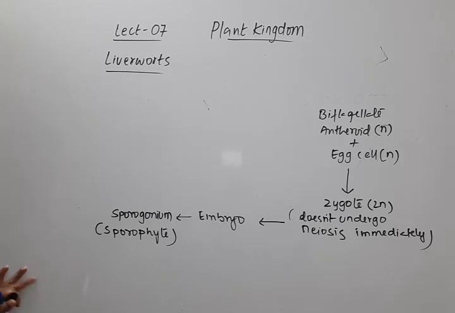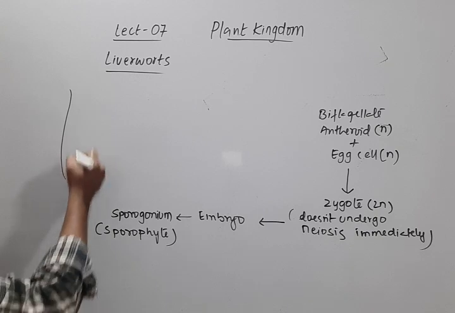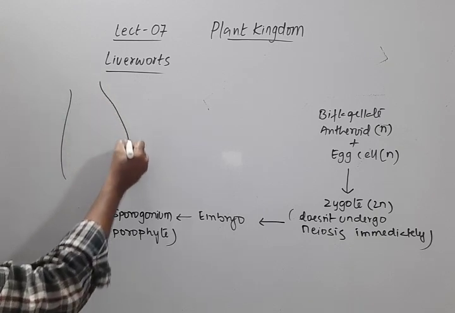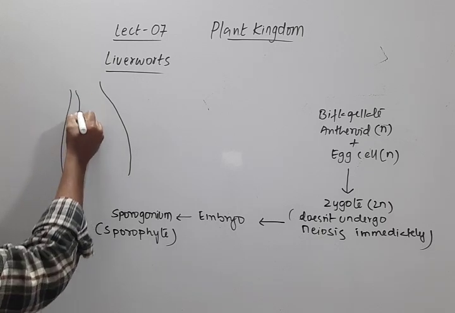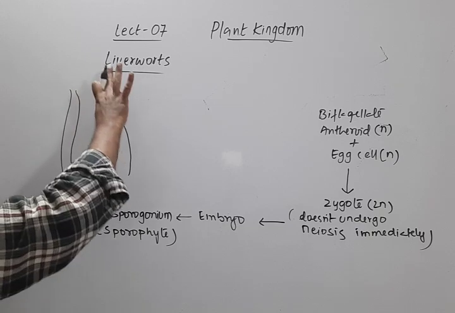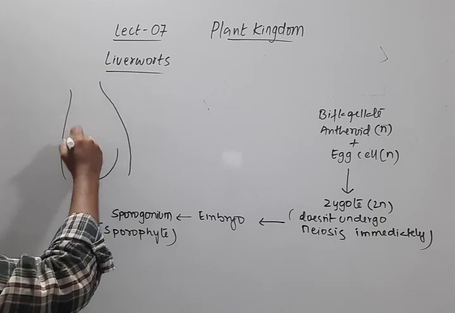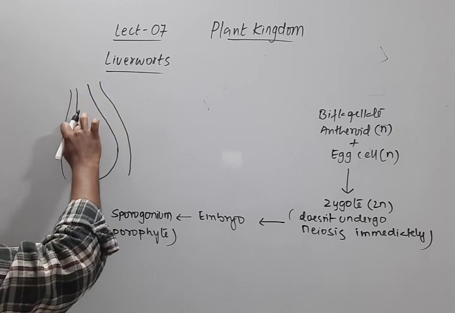The sporophyte is seen in this way, and it has three structures. The sporophyte here is dependent on the gametophyte.